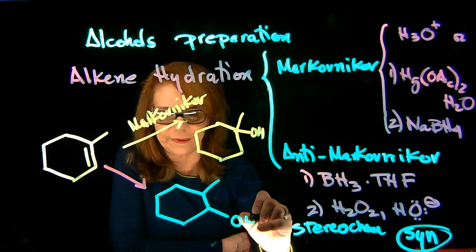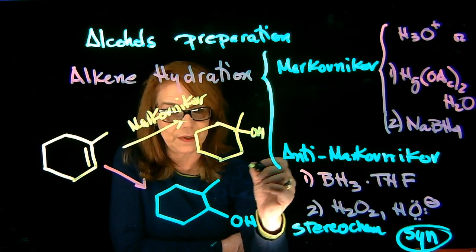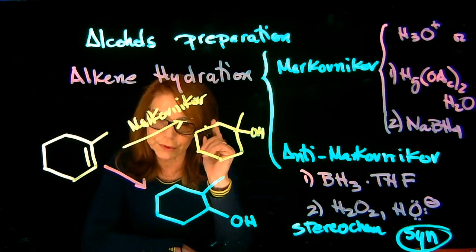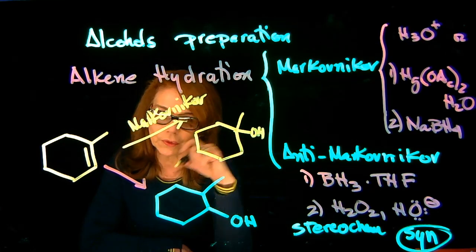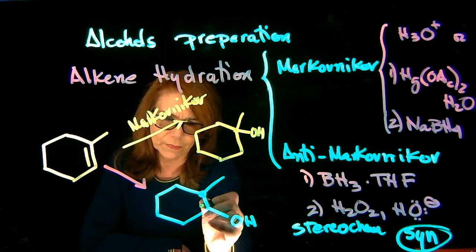So that's your alkene. However, we see here that we have two chiral centers. This is one, and that's another.